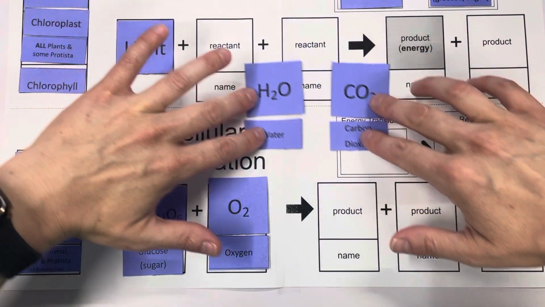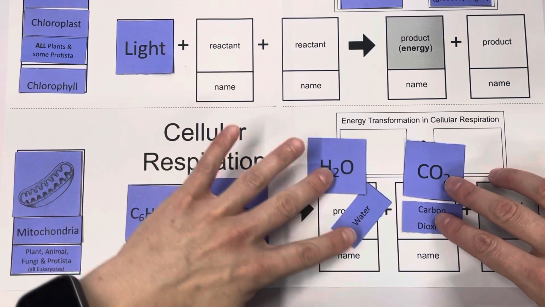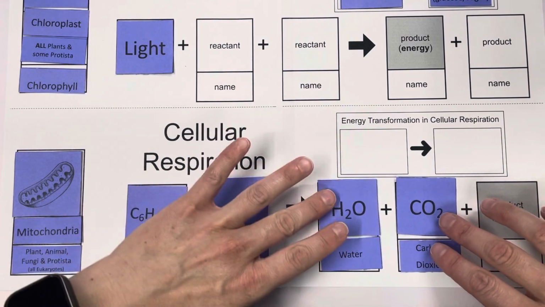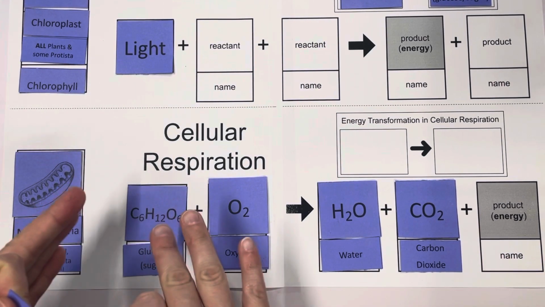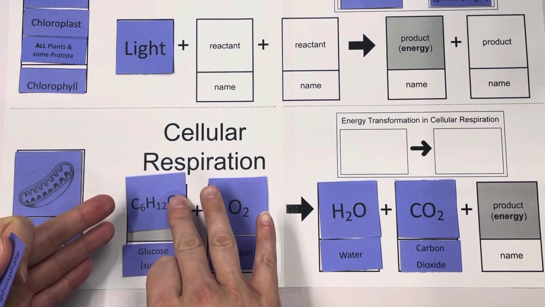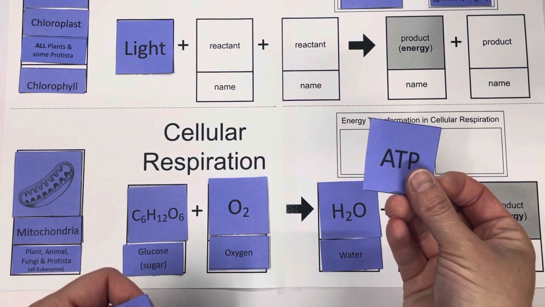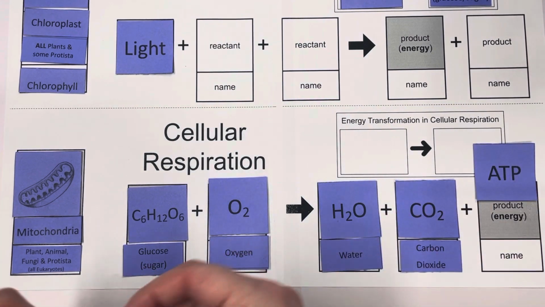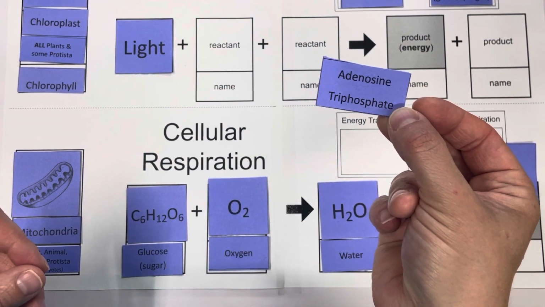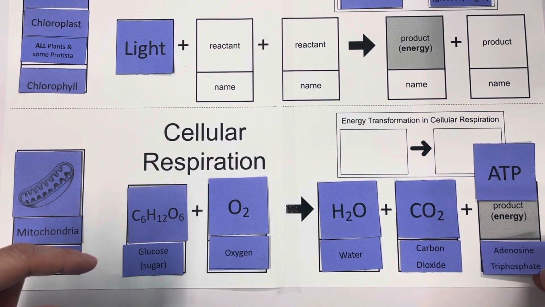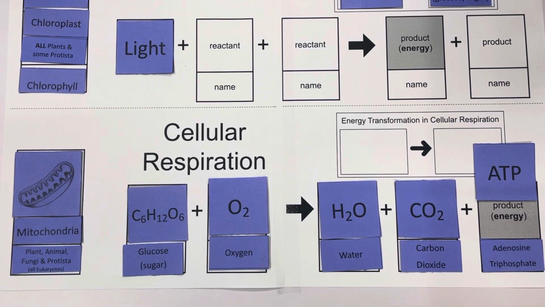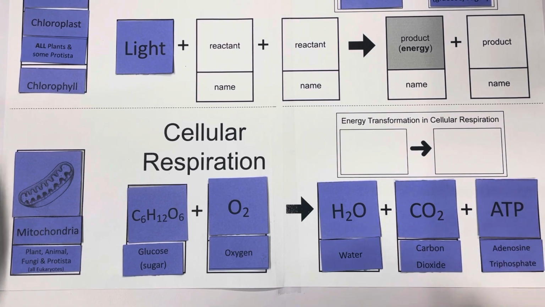Well, water and carbon dioxide come out of the mitochondria. But the reason the mitochondria is doing this is trying to get energy out of the glucose into a form of energy the cell can use called ATP. ATP is that product, adenosine triphosphate, that's the large name, ATP, okay? Adenosine triphosphate is cell energy, ATP energy, okay?